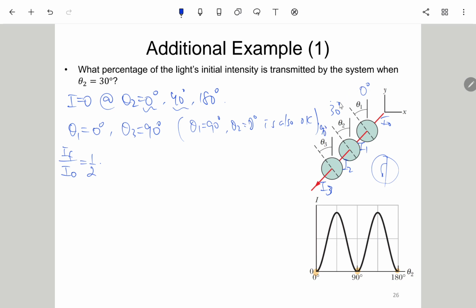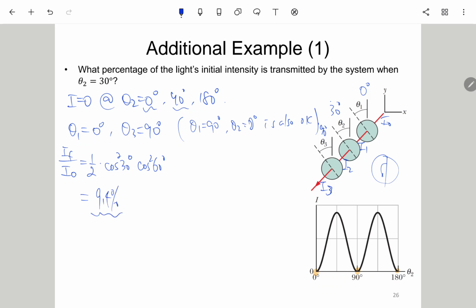Between the first and the second we have 30 degrees, so we have cosine squared of 30 degrees. Between the second and third we have 60 degrees, so we have cosine squared of 60 degrees. In this way we get 9.4%, actually the same answer as the previous sample problem.